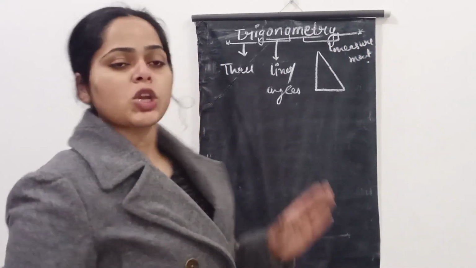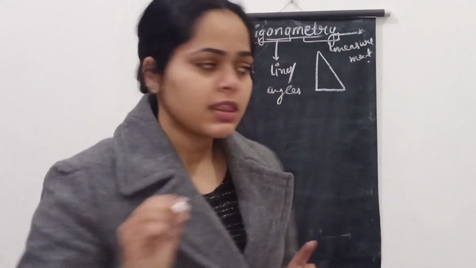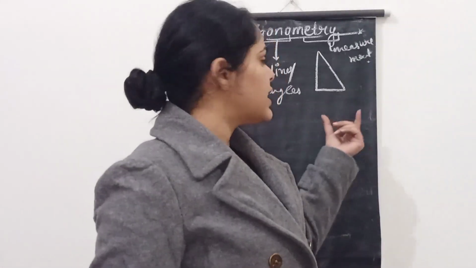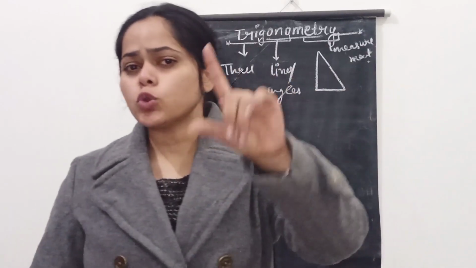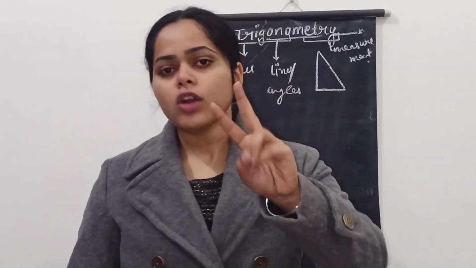Now the definition of trigonometry becomes the measurement of any three sides or three angles of any figure. Here, "any figure" is not any figure, it is a particular figure that we are taking as a triangle. Trigonometry is applicable for figures which have three lines, three sides or three angles.